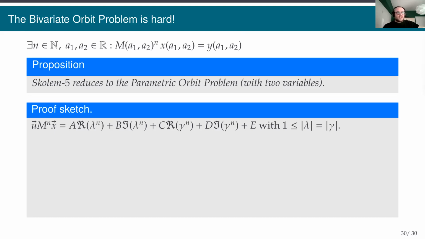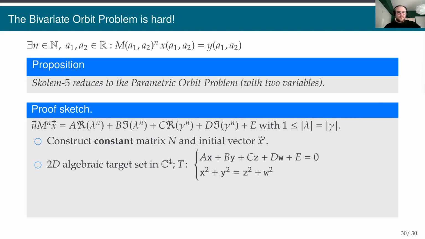Well, what we do, we just express this using real and imaginary parts. Now we're going to construct our target semi-algebraic set. It's pretty straightforward. We want our points in the four-dimensional complex space to satisfy these two equalities. So you have ax plus by plus cz plus dw plus e equals 0. And this is coming from this expression of the Skolem problem.